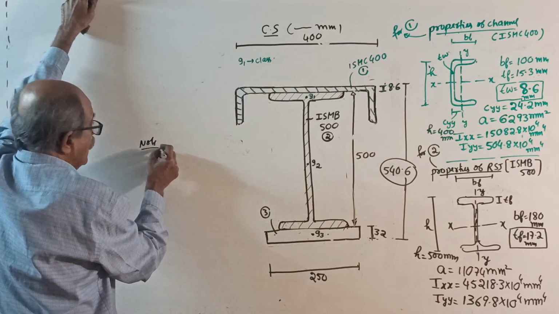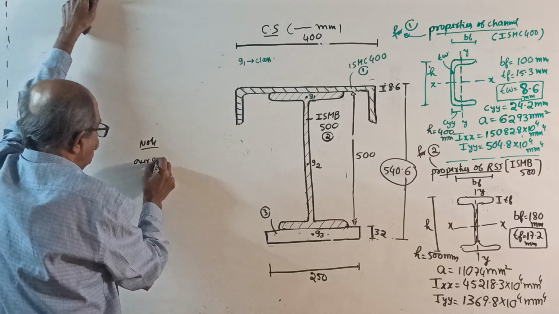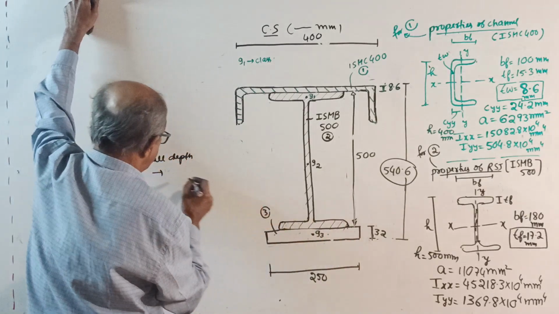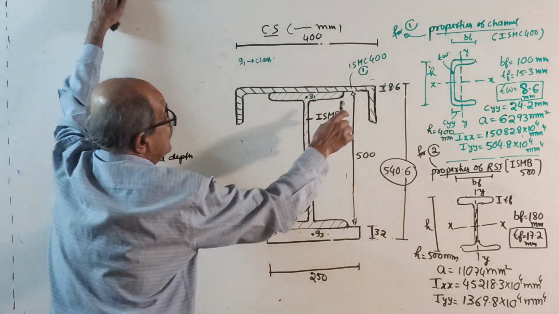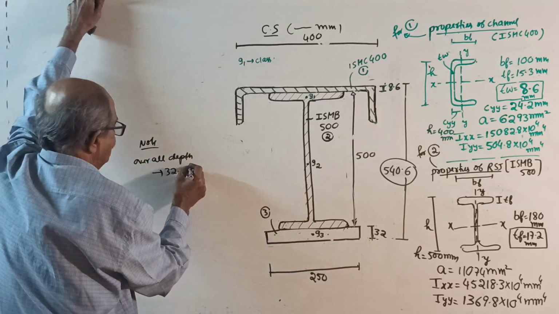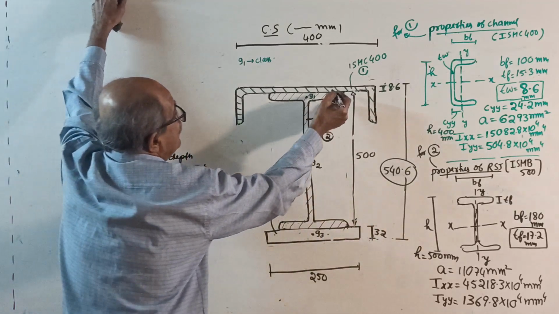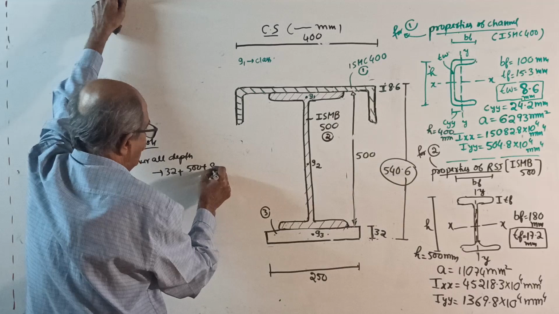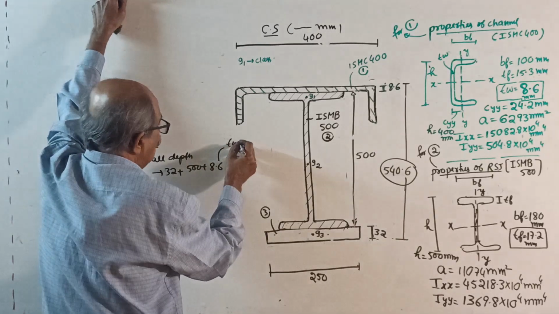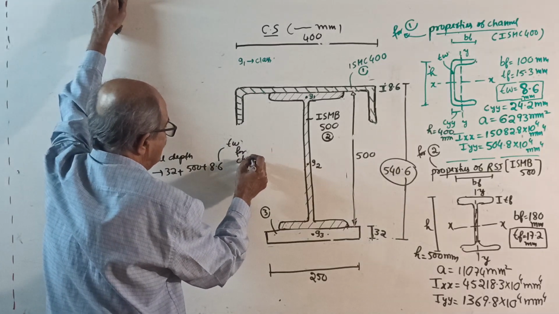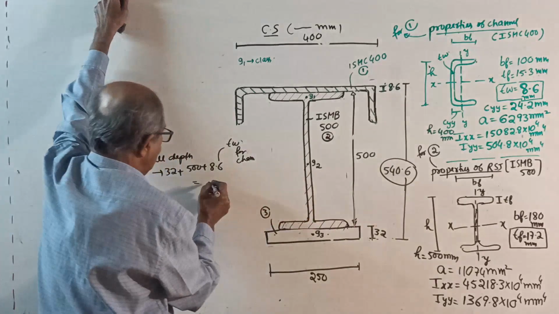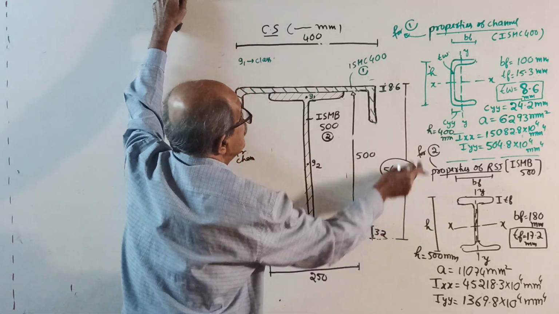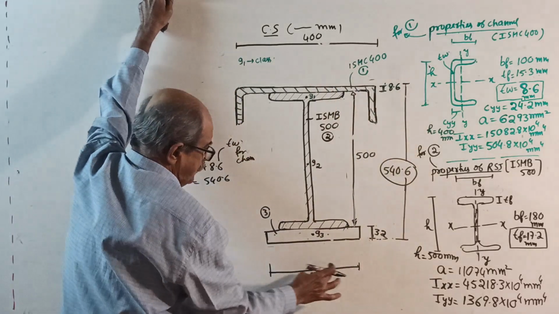Note: the overall depth is plate thickness 32 plus depth of the I section 500 plus this thickness, how much? 8.6, that is the thickness of the web for the channel. It will come to 540.6. I wrote here, see, 540.6 overall dimension. This is 250. Over.